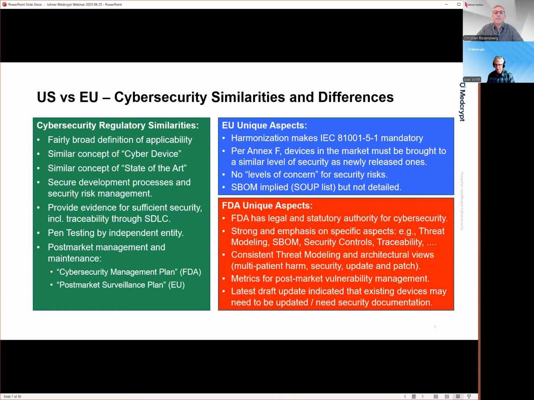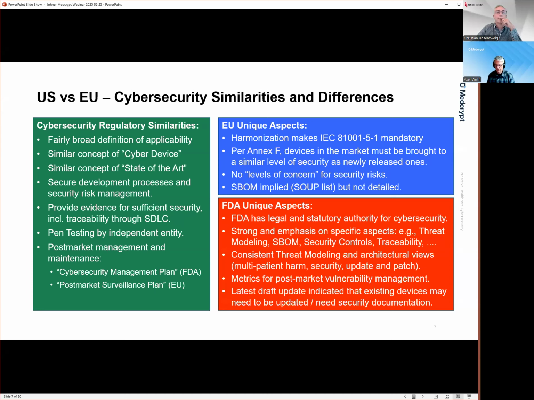So not only identify a risk or vulnerability, implement the control, but also demonstrate through testing and document that the control works as intended. FDA also has made the point that threat modeling and architectural views such as multi-patient harm views, security views, update and patch views need to be consistent with the threat model.